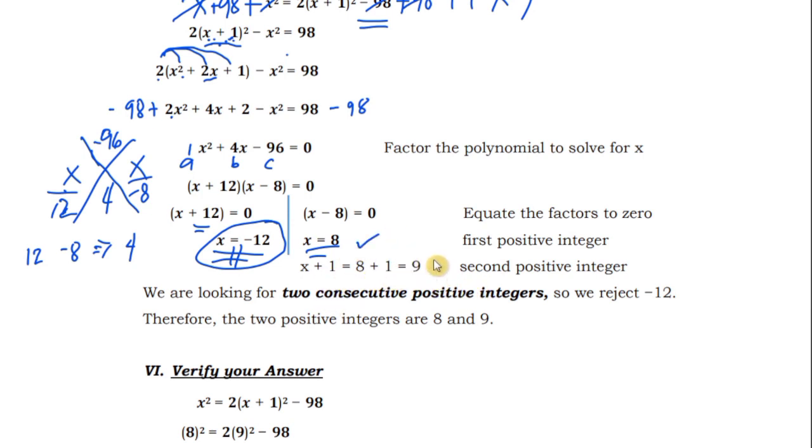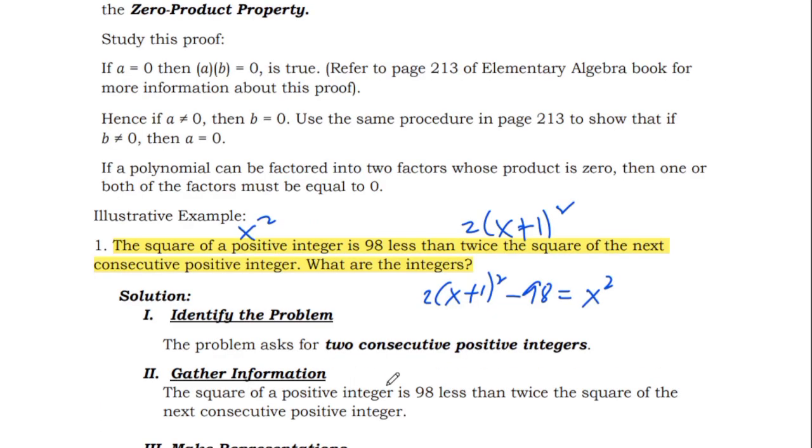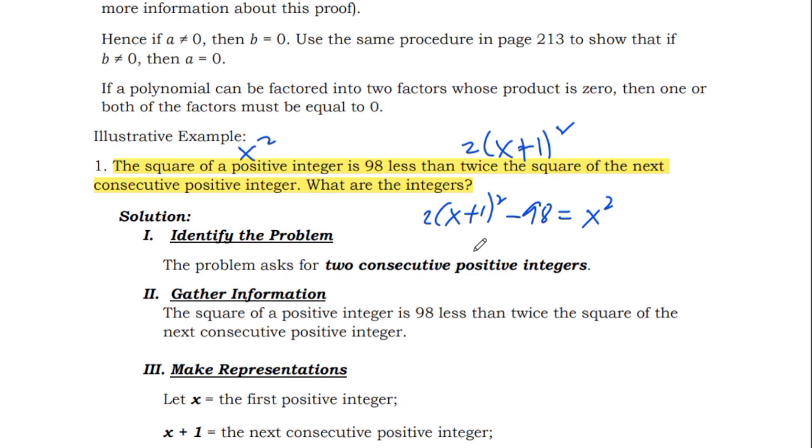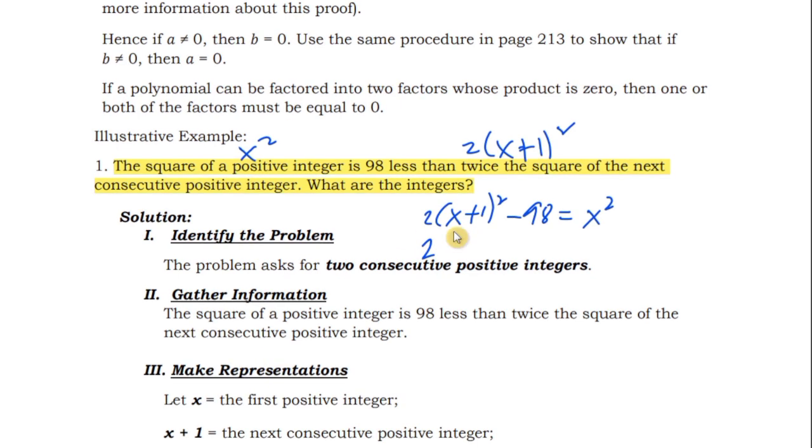In the given task, we are working for two consecutive integers. The two consecutive integers now are 8 and 9. Therefore, to verify: the given task is twice the square of 9 minus 98 must be the same as the square of 8.